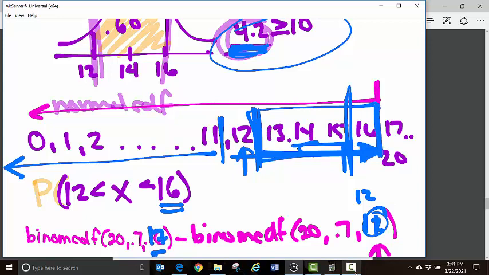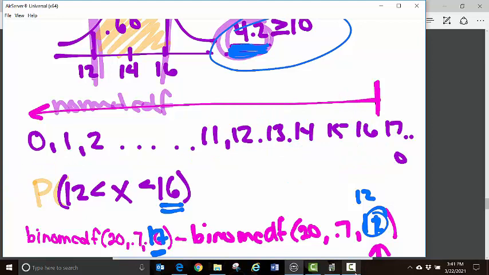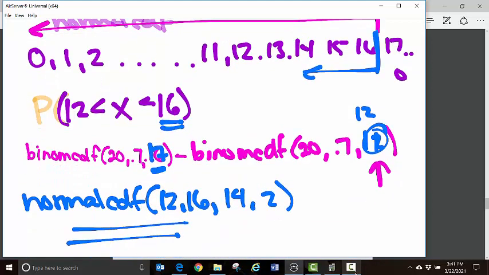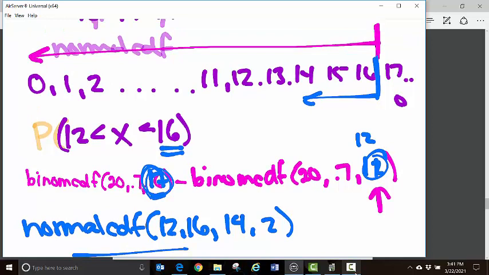Whatever you put is included. So for that first one, the top boundary where we wanted 16 or less, we don't want to include 17, so you don't put 17 here, because that's the top boundary. The bottom, if you put 11 right here, it includes 11 in what you subtract, but that's okay because we wanted to keep the 12 on the inside. So the top is different than the bottom.